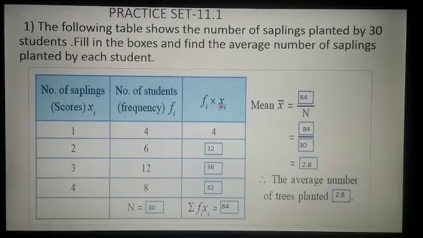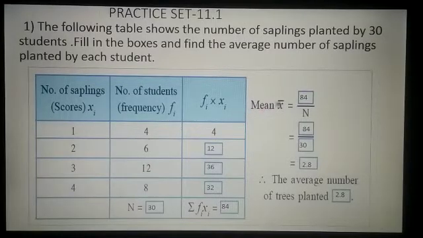Then the product fi into xi: 4 into 1 is 4, 6 2s are 12, 12 3s are 36, 8 4s are 32, and now total frequency n is 30, and sum of fi into xi, the sum of all the products, is 84. So in this box you will write 84.